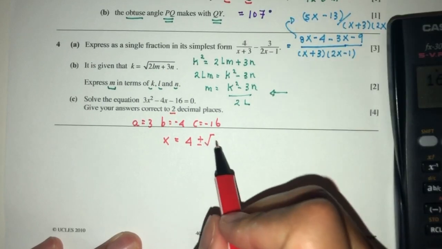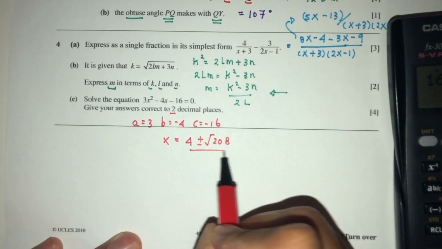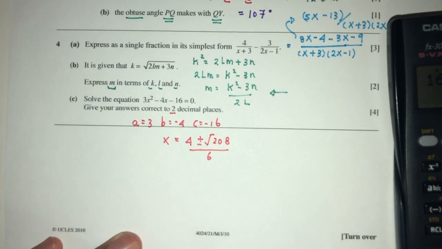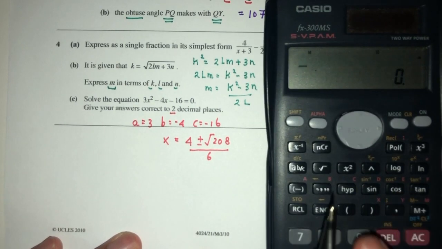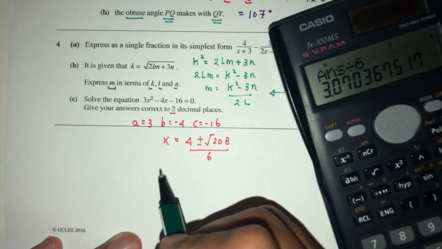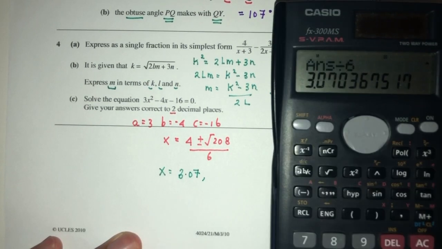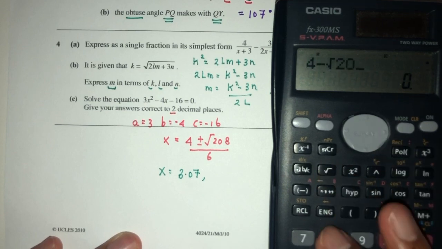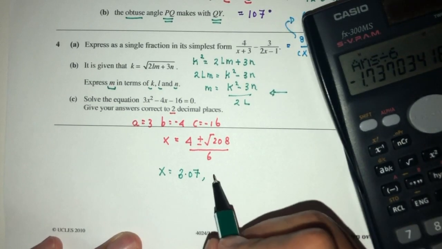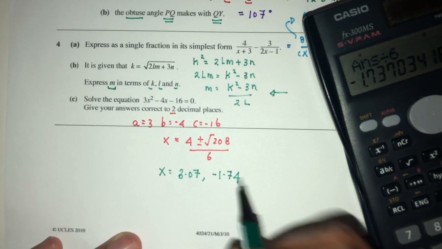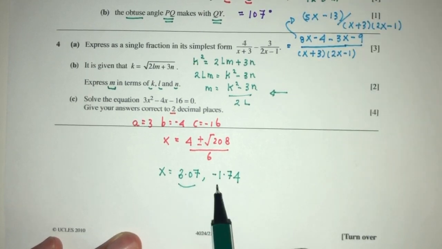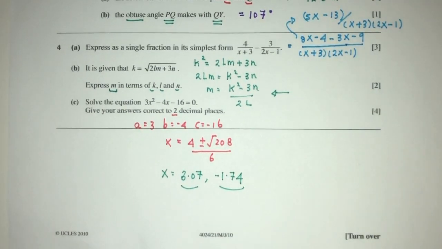That will be 208, and divided by 2a, that should be 6. Again, this is only the formula that I'm using to solve this question. Nothing magic here, just the formula, replace and solve. So 4 plus root of 208 divided by 6, that will be 3.07, or 4 minus root of 208 divided by 6, minus 1.74. So we have 2 possible values for x. And that will be your question number 4.